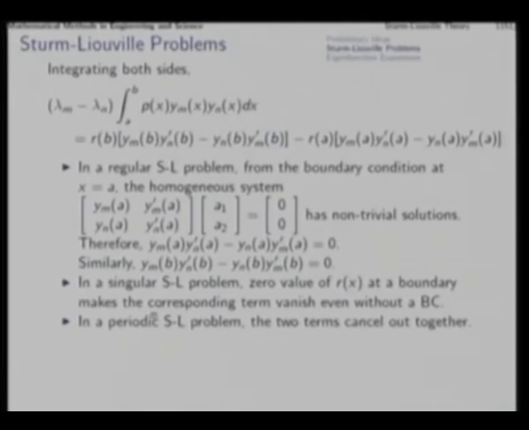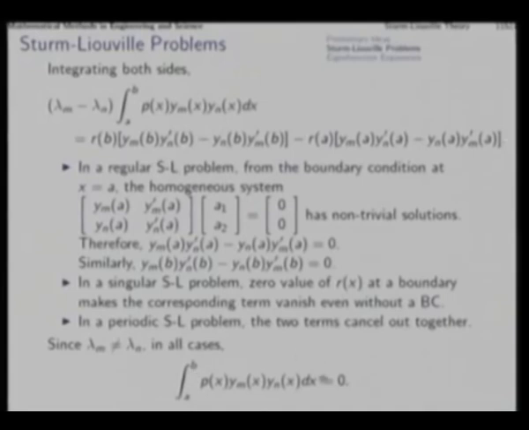So in all the three cases of the Sturm-Liouville problem defined, regular, singular as well as periodic, we find that this right hand side vanishes, and lambda m not being equal to lambda n, that will mean that this integral will vanish in each of the three cases.